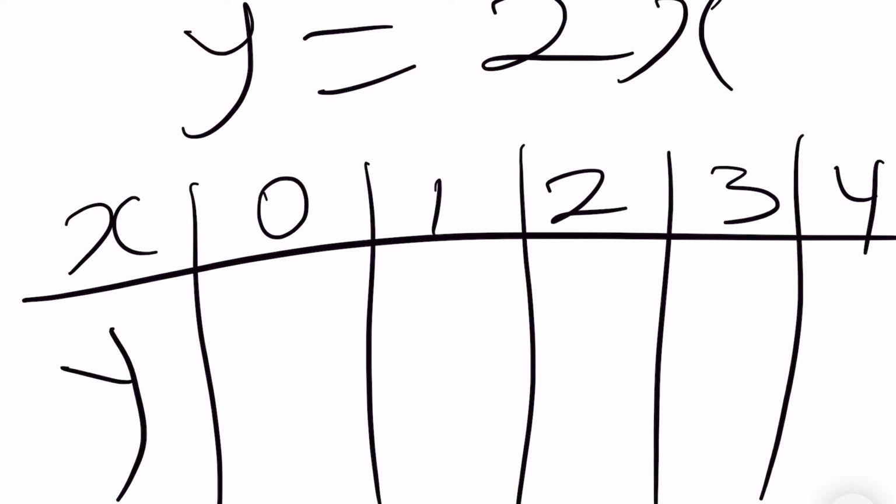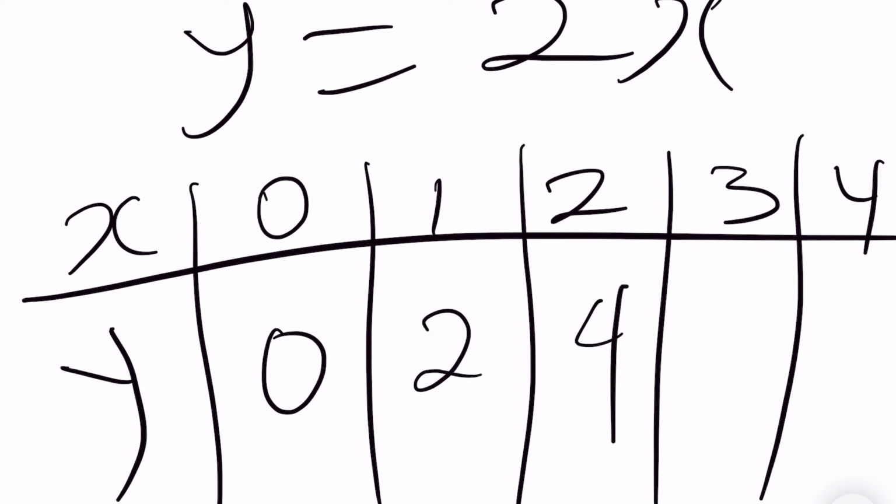Our y is 2x, so 2 times 0 is 0, 2 times 1 is 2, 2 times 2 is 4, 2 times 3 is 6, and 2 times 4 is 8.